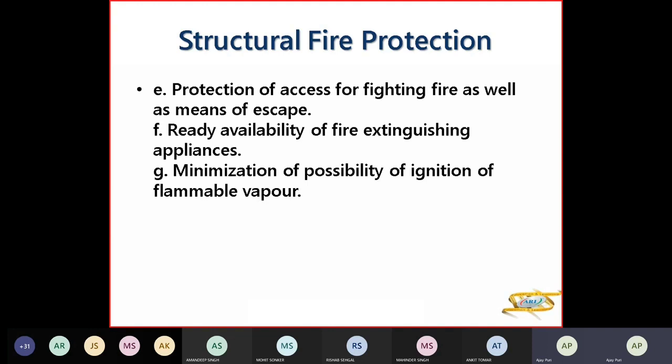F is the availability of your fire extinguishing appliances including fixed and portable. G is minimizing the possibility of ignition of flammable vapors. So that means you're removing the heat so that the fire triangle is not successful. Either you're removing the heat, removing the oxygen, or removing the flammable vapor itself.